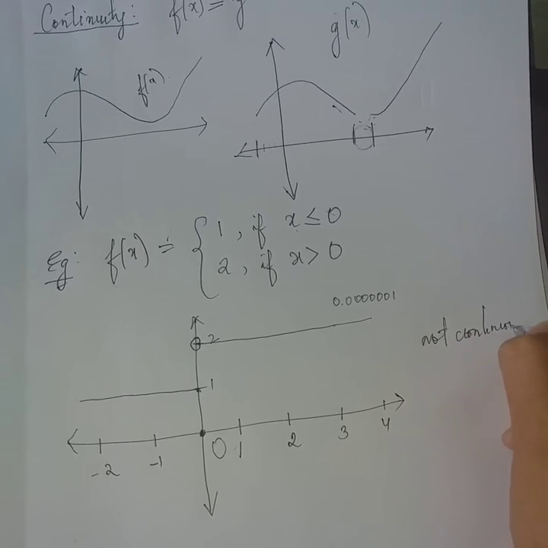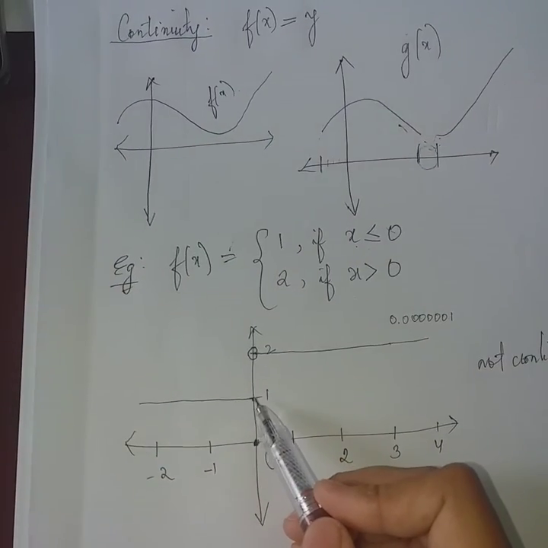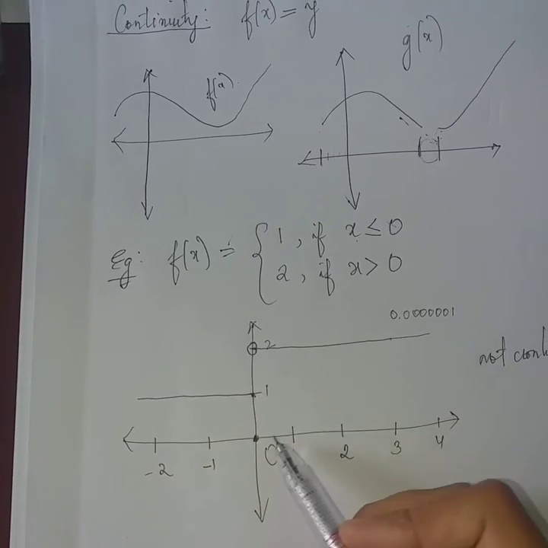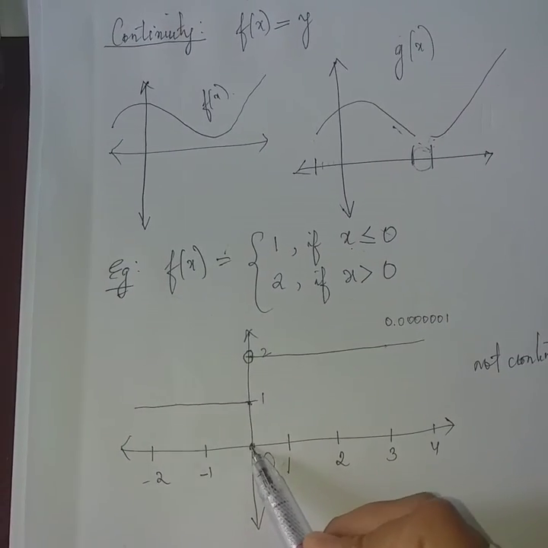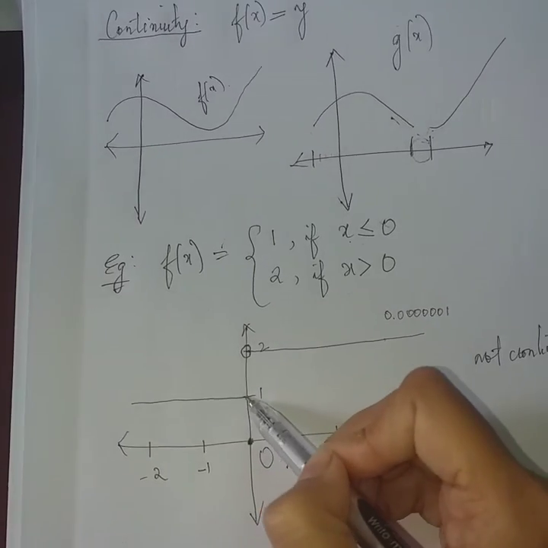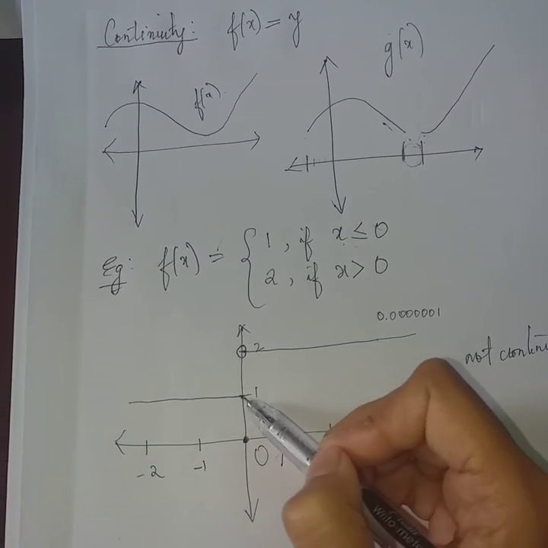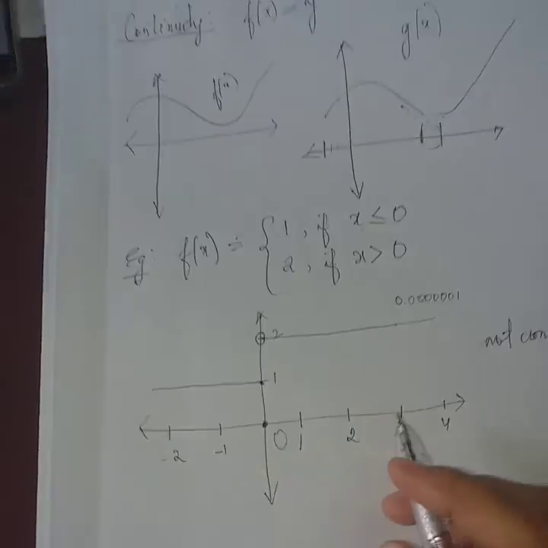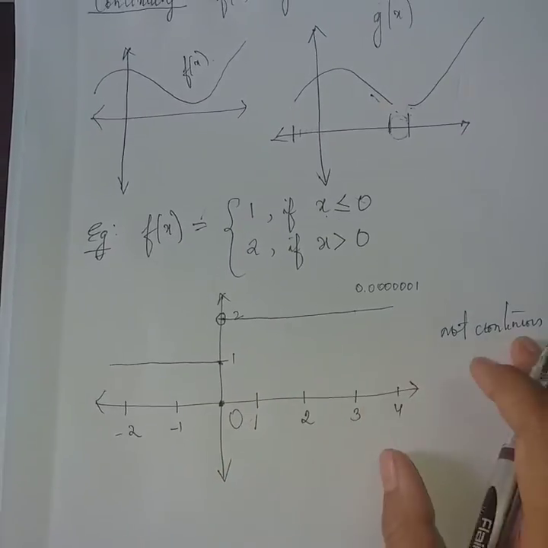This is not continuous because there is a jump from 1 to 2. When the value of x is greater than 0, then f(x) jumps from 1 to 2. So this is clearly a discontinuous function.